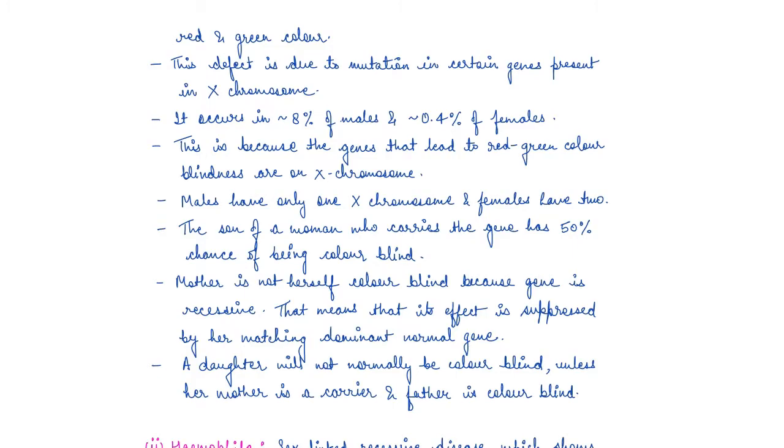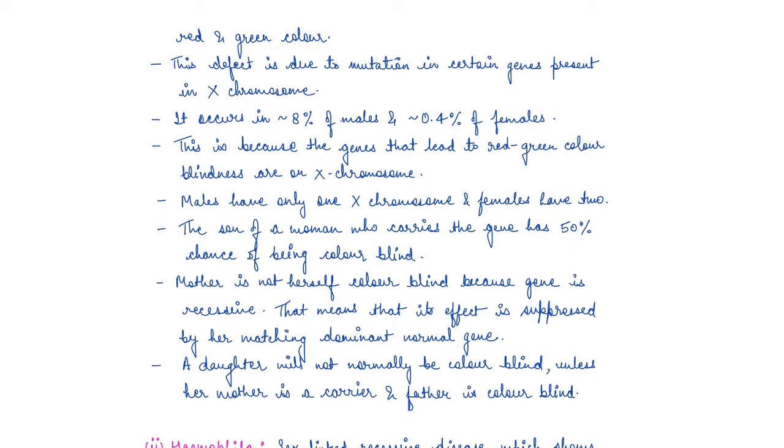So the mother is a carrier but is not herself colorblind. That means the effect is suppressed by her matching dominant normal gene because the mother has two X chromosomes. So the other normal gene will suppress the recessive one, right?